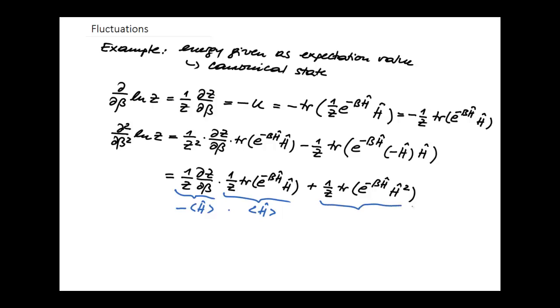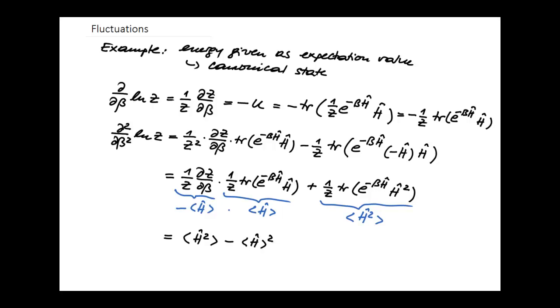And the second term in this sum, well, this is 1 over partition function times the exponential. That's the canonical state. So we have the trace of the canonical state times Hamiltonian squared. So this is the expectation value of the Hamilton operator squared. So this is, in other words, the expectation value of the Hamilton operator squared minus the square of the expectation value.